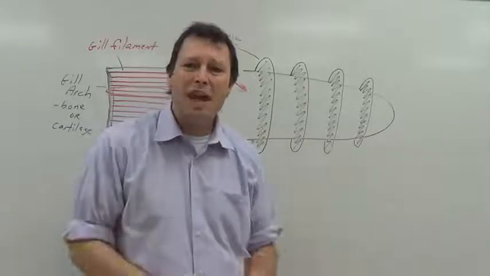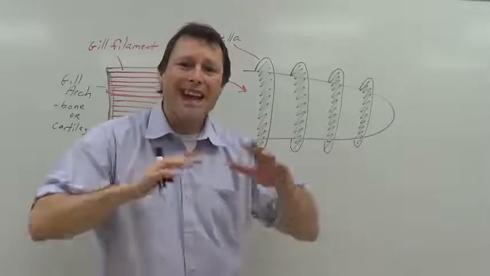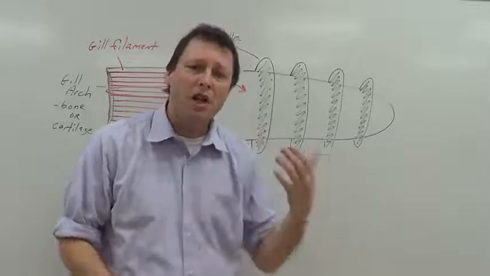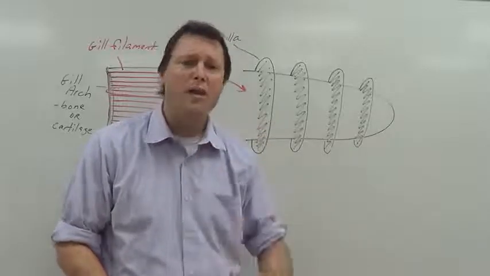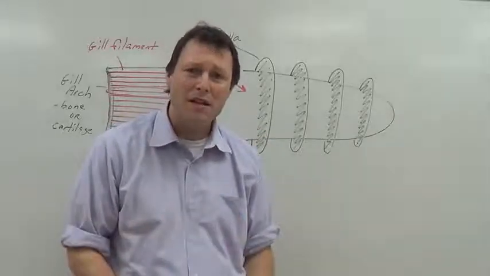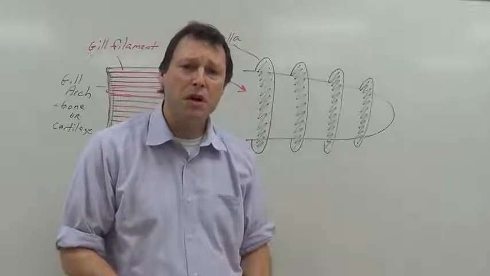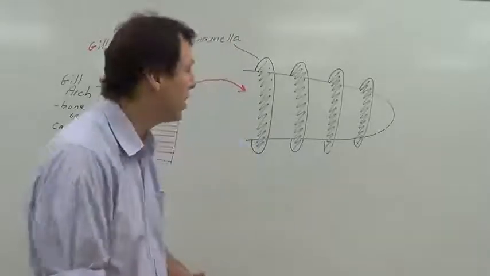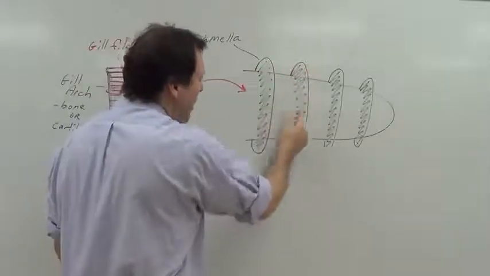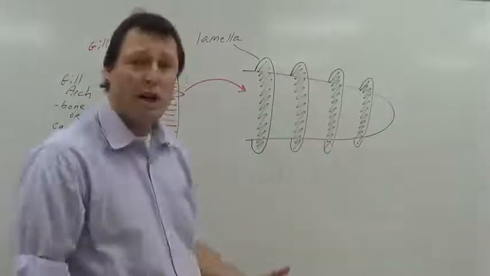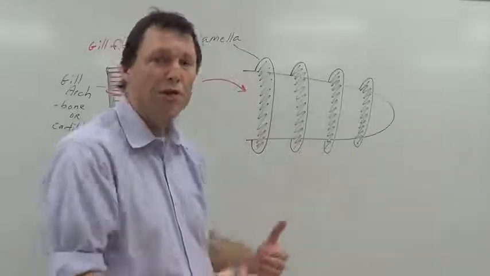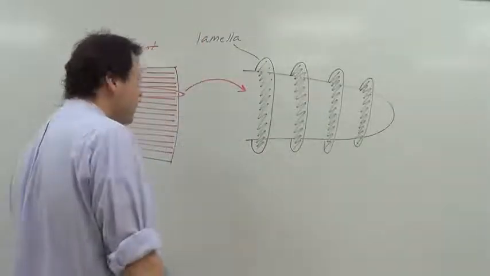Because anytime gas exchange takes place, in fact, anytime diffusion takes place, whether that happens in a gill, in your lung, or in your intestinal tract, it's all about surface area. And nature's going to find a way to maximize surface area. So by adding these lamella in here, we're going to increase the surface area of this gill filament, and therefore more diffusion can take place.